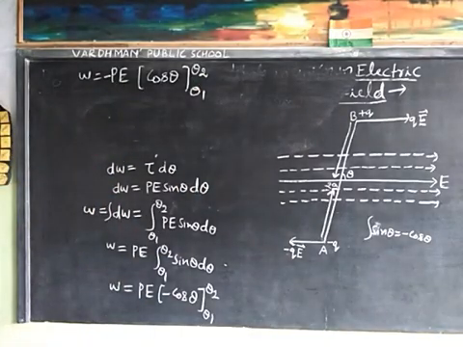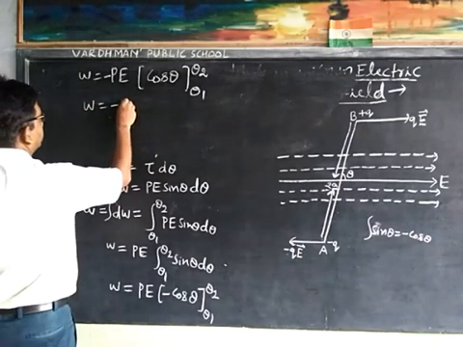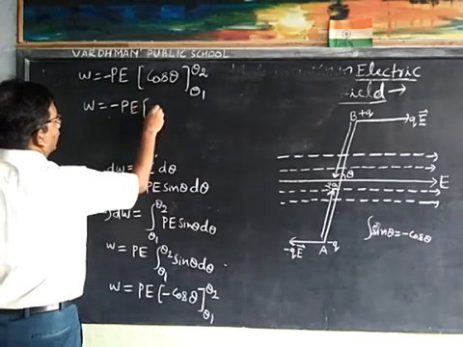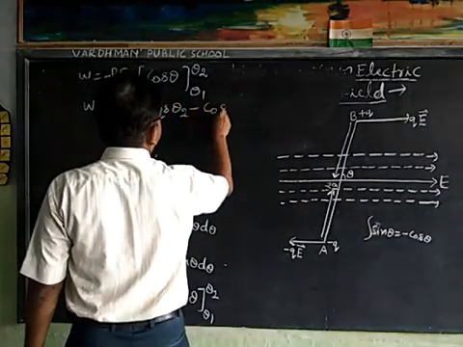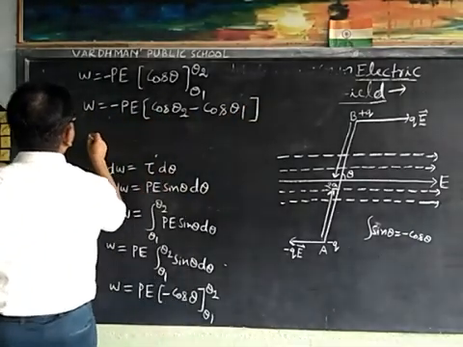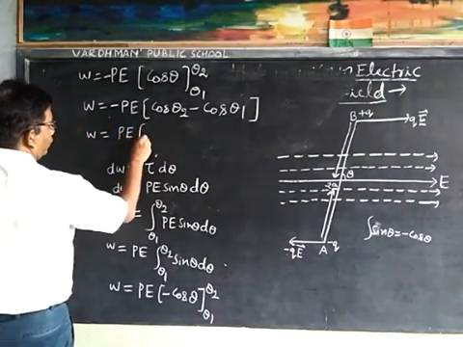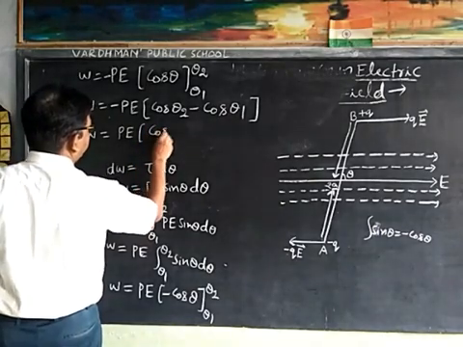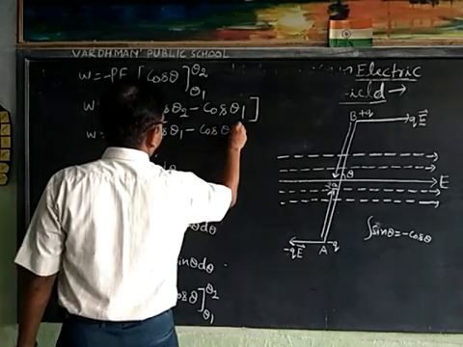Now in place of theta we write upper limit minus lower limit, so W is equal to minus PE into cos theta 2 minus cos theta 1. Multiplying by minus and minus, W is equal to PE into cos theta 1 minus cos theta 2.